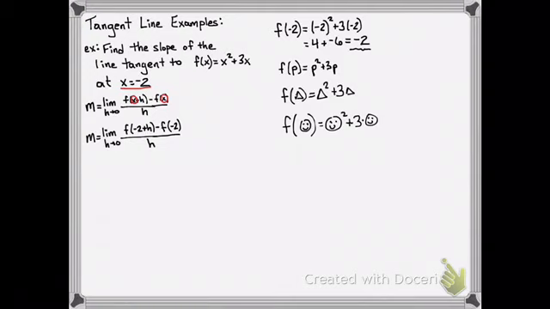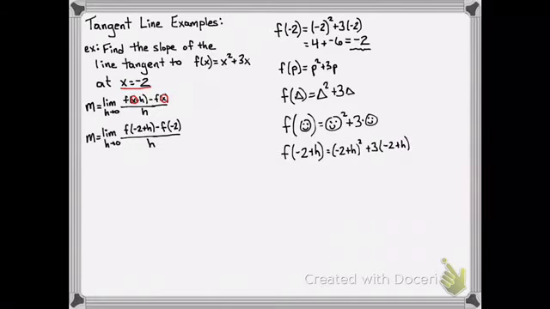So we're trying to figure out what is f of negative 2 plus h. Okay, well then replace all of those smiley faces or all of those triangles or the letter p or the letter x with negative 2 plus h. And so that's going to give us the quantity negative 2 plus h squared plus 3 times negative 2 plus h.